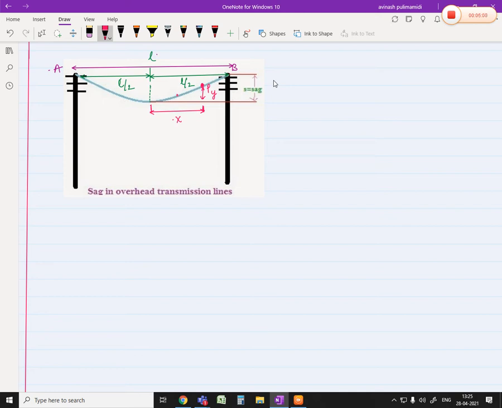Then if you observe this point, the weight of the conductor will always act towards the downward direction. Let us take the weight of the conductor as small w, acting downward. So let us take that w into x. Here, L is the length of the span.